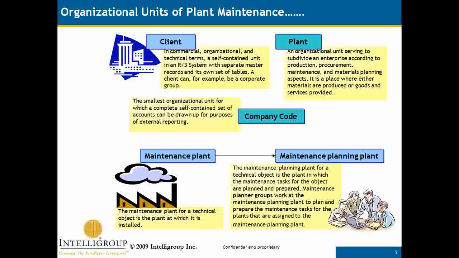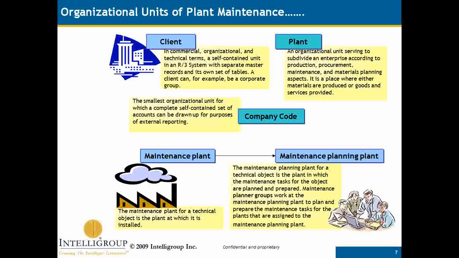From the financial perspective, FI will define the company code. One company code will have different plants. One company code will have a 1:1 plant or 1:n, based on the practices of the business.